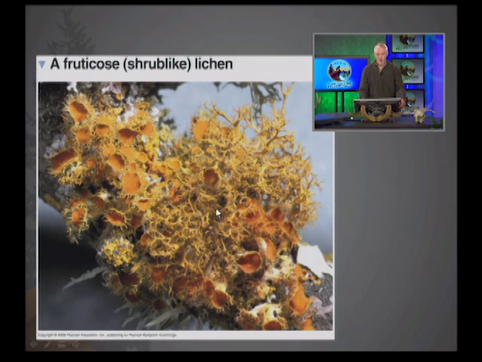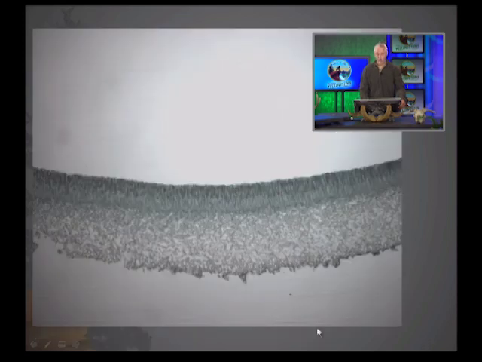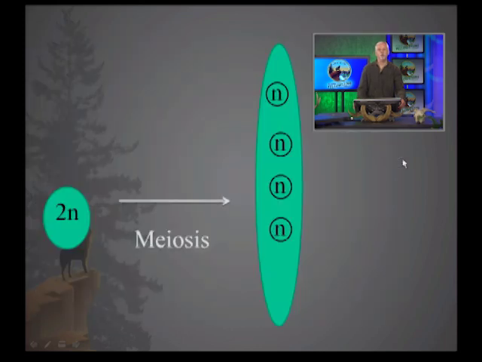Same thing here. It will be along these cup-like features where we will actually have the presentation of the sporangia, similar to what we talked about before. This is looking at one of the cups, and these would be the sporangia along the surface of the cup. It would start with a dikaryotic cell.